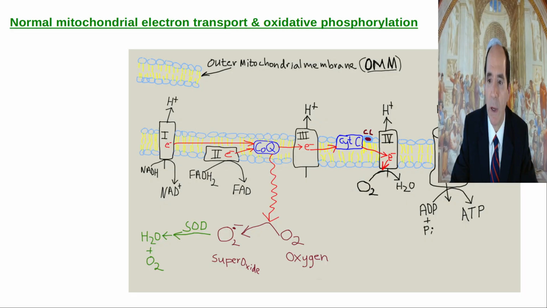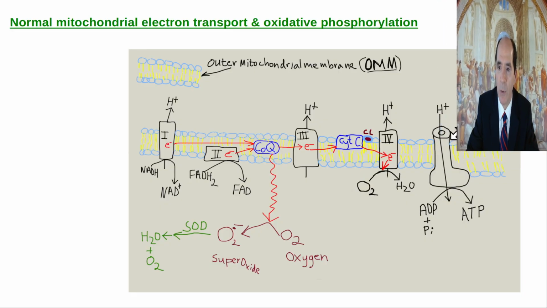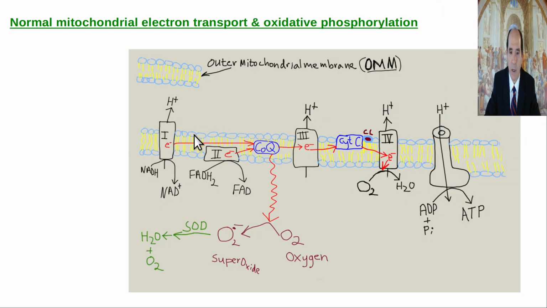So here's another drawing of mitochondria, just another way to show it. And again, these are the electron carriers. Electrons are passed down. Okay, then the protons are pumped out. Here's complex 2. So complex 1 is intimately associated with the cofactor NADH, okay, and that delivers its electrons, gets made into NAD+.